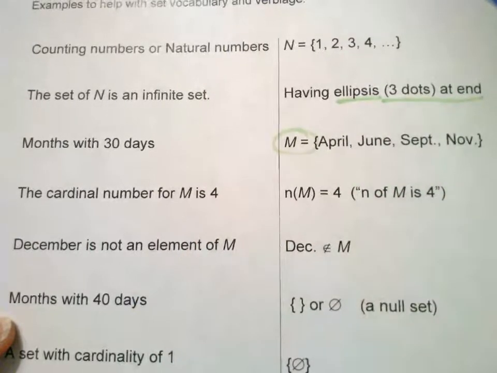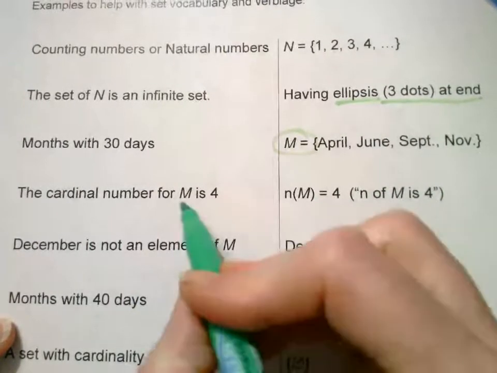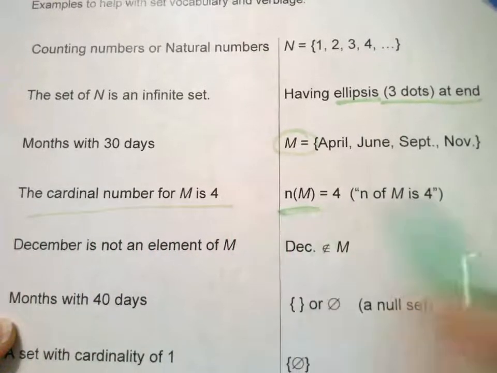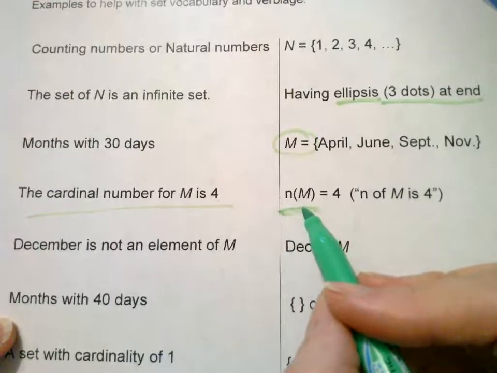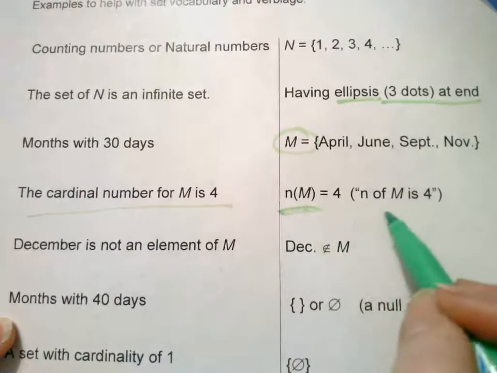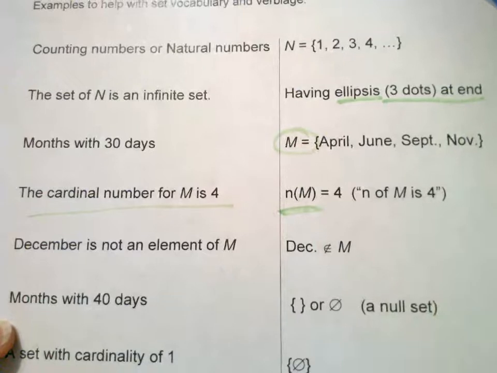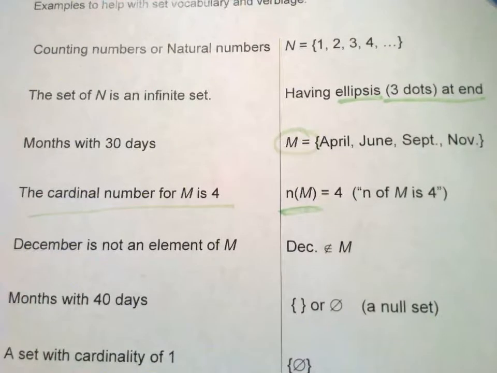It has 4 members. The number of members in set M is 4. N of M is 4. That's kind of like functional notation.